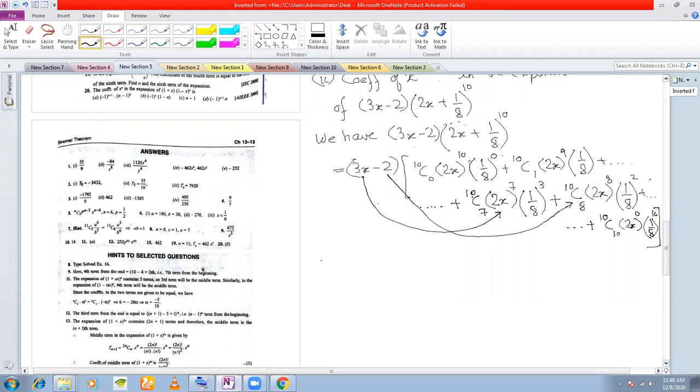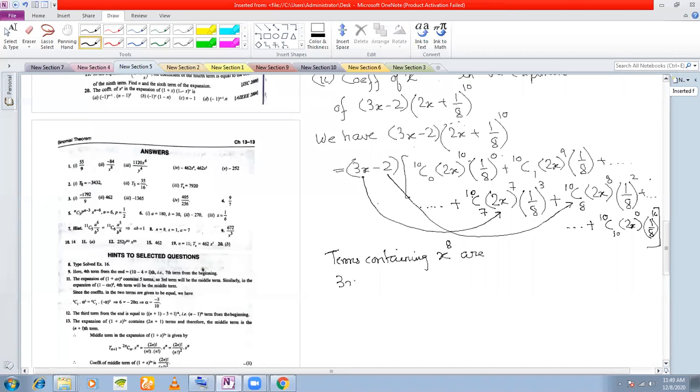So what are the terms containing x to the power of 8?